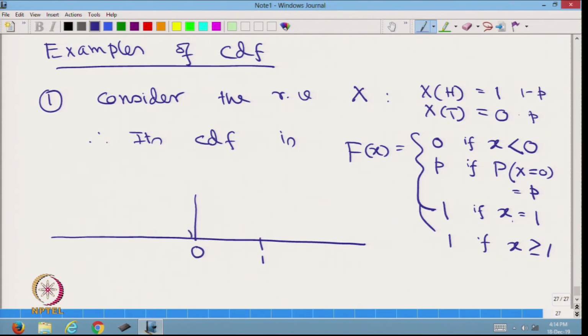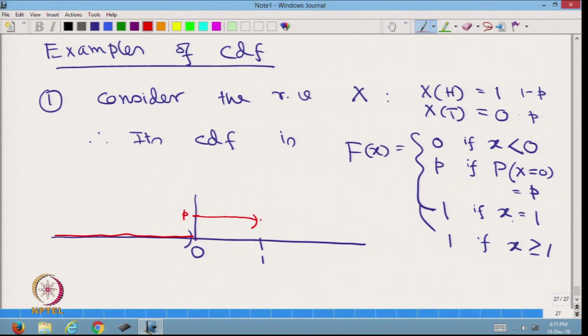Therefore, for any x less than 0, this value is going to be 0. When x is equal to 0, the probability of x equal to 0 is p. Therefore, at the point 0, the probability that x is less than or equal to 0 is p, and that will continue for all values less than 1.